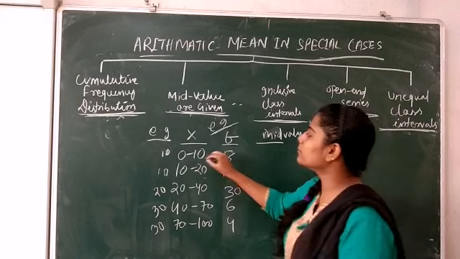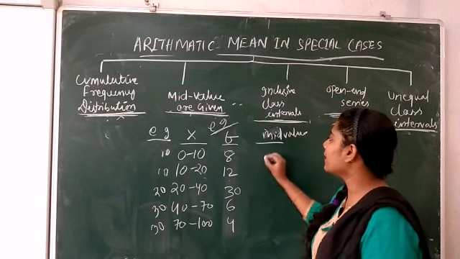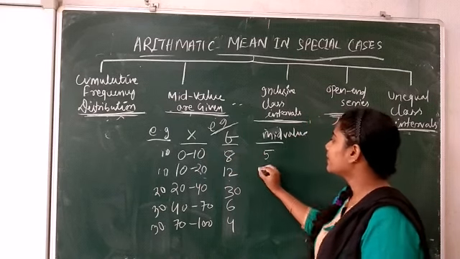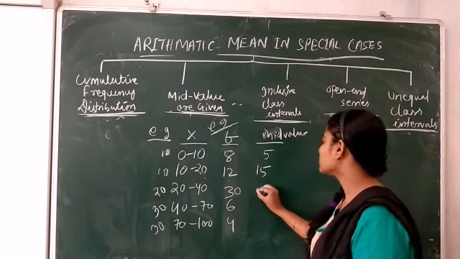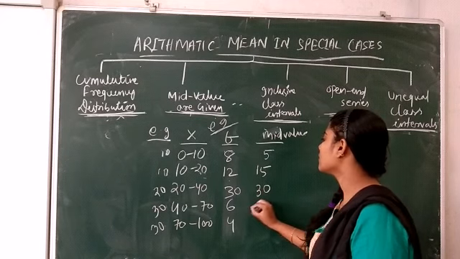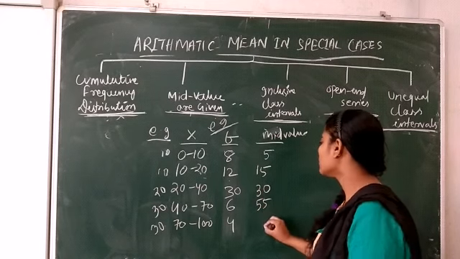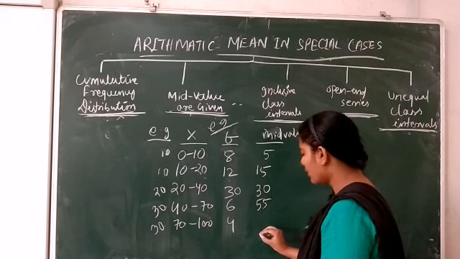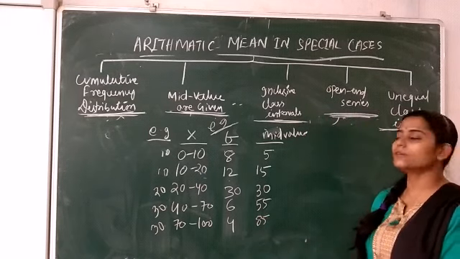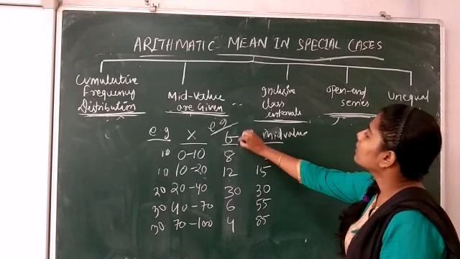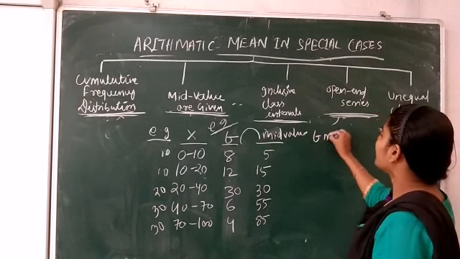So mid value of the first class will be 10 by 2 equals 5, then 15, then 30, then 55 and the last will be 85. After calculation of the mid value, then we calculate FM.